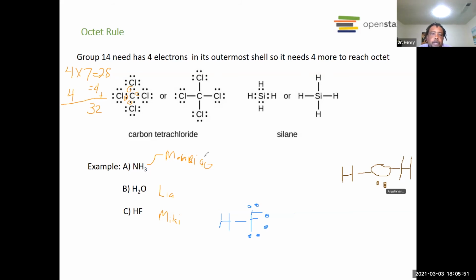Mauricio, who's going to be in the middle? Okay, so N is going to be in the middle with 3 H's around it.